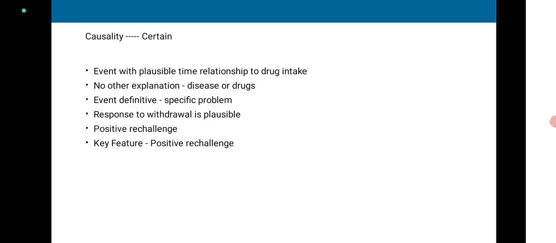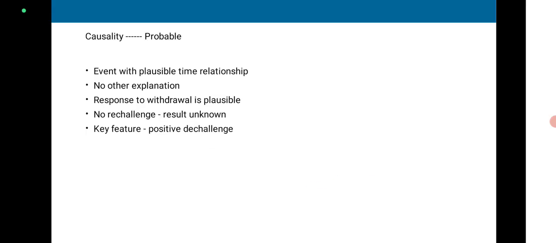First, an event with a plausible time relationship to the drug intake. No other explanation, like diseases or other drugs, which can cause this reaction. The event is definitive: there is a specific problem or specific ADR that can be identified. Response to withdrawal is also plausible, and there is a positive re-challenge. The key factor of certain causality in the WHO scale is positive re-challenge.